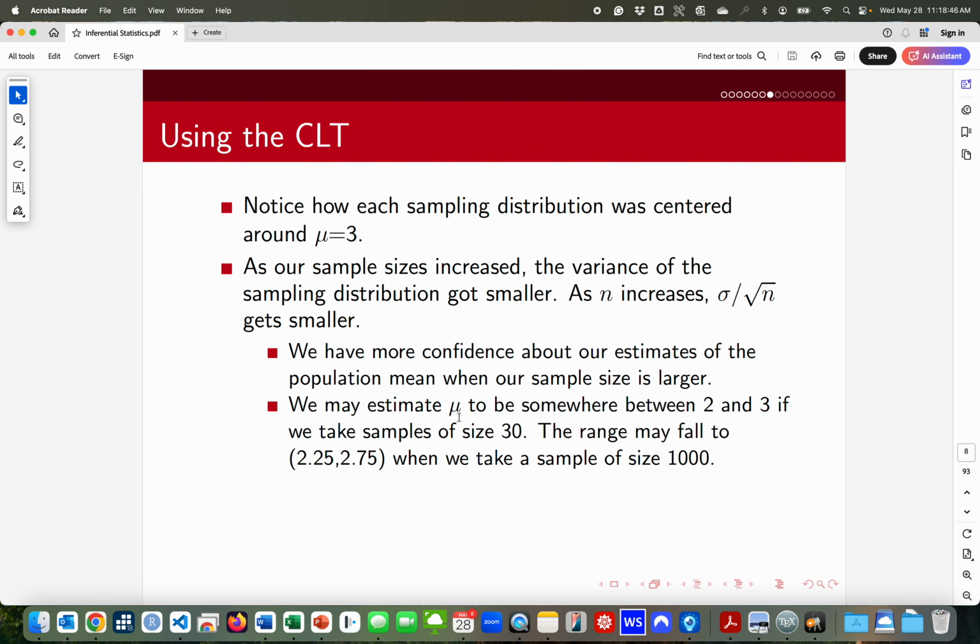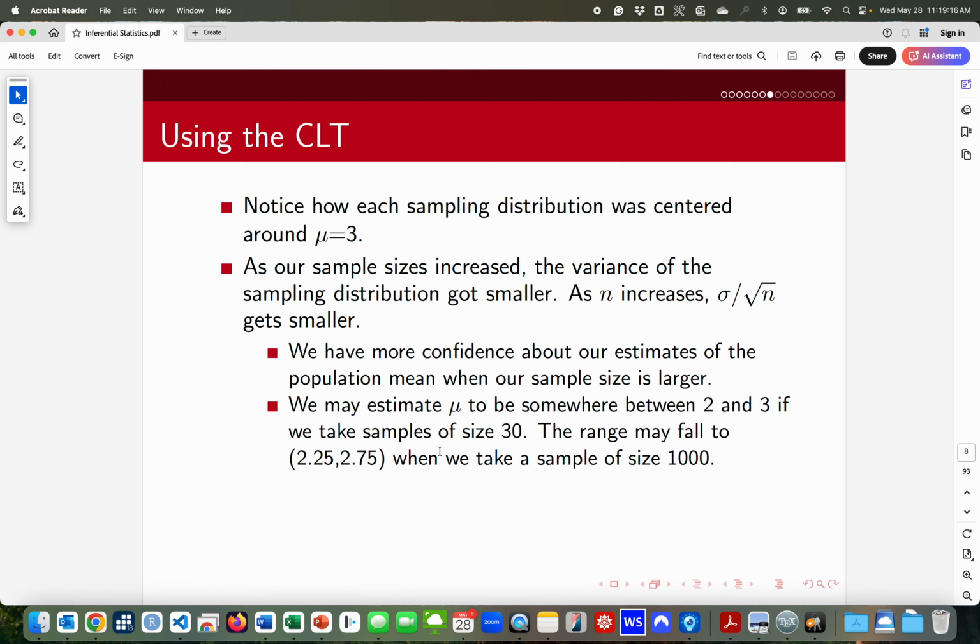So what happens here, let's say we're going to try to estimate an interval. Again, just a generic made-up example here. Our inference might suggest, well, it's somewhere between 2 and 3 when we take a sample size 30. If our sample size is 1,000, we might be able to say, actually, I think it's somewhere between 2.25 and 2.75. So notice that interval is smaller.